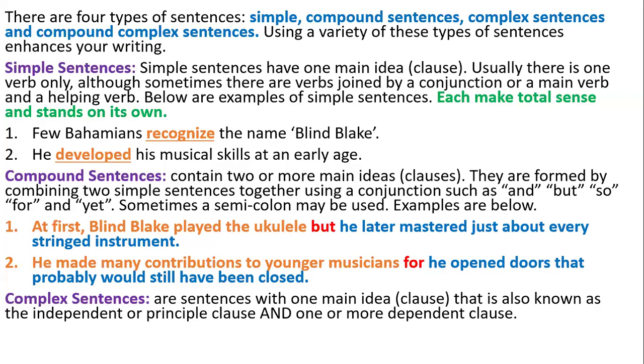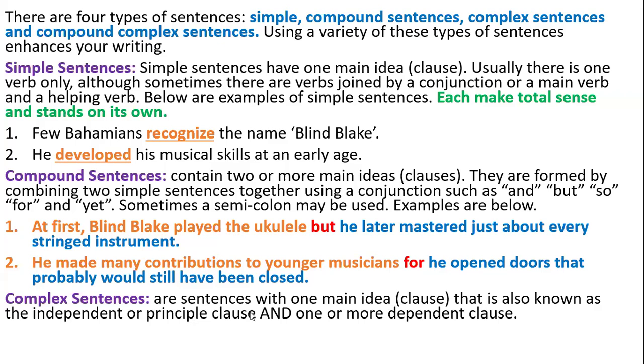That is different from compound sentences, which have two or more independent clauses that could stand on their own. All we do is combine them with a conjunction. But a complex sentence has one independent clause and could have one or more dependent clauses, which means stuff that depends on it.